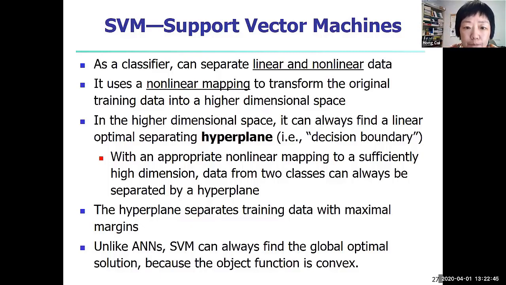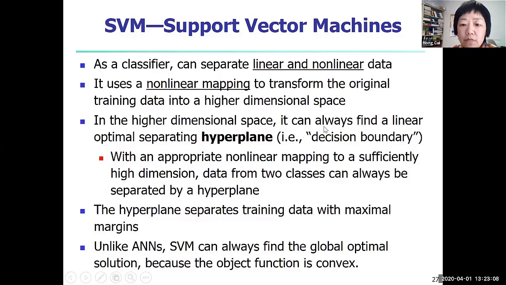We mentioned it right here. The idea is to map the nonlinear data from the original training data space to a higher dimensional space. And then once the data is in the higher dimensional space, you can always find a linear optimal separating hyperplane.